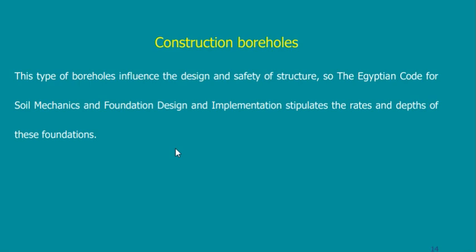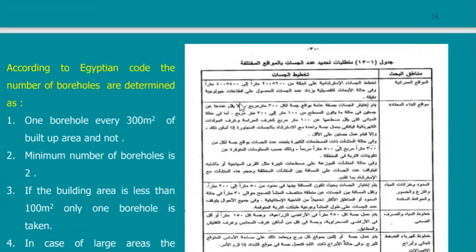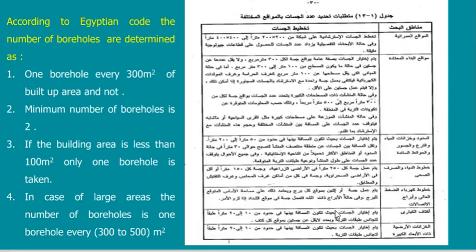And what depth are you going to reach? If I ask you, you will tell me I will do 5 boreholes, 20 meters. If I ask her, she will tell me, no, I will do 6 boreholes, 25 meters, and so on. There should be something that guides us to what is correct. So the Egyptian code has given us something that we can follow.